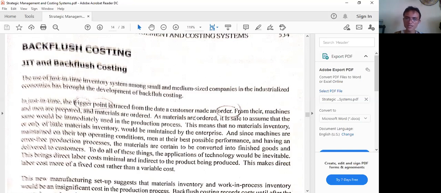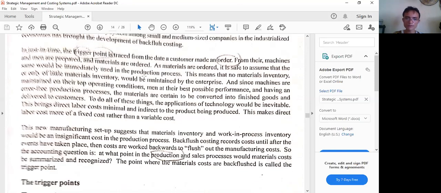Otherwise, we cannot apply just in time. That's why not a lot of companies are applying this.